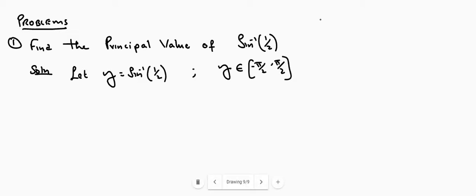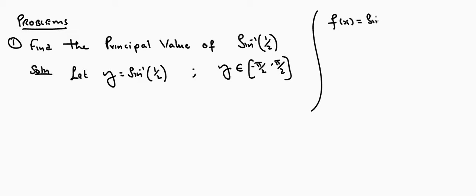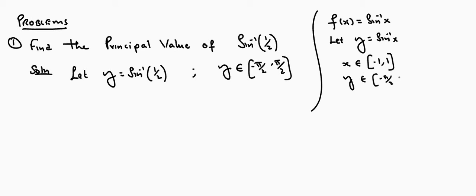If y is equal to sin inverse x, then x is an element of the domain, minus 1 to 1, and the range, that is y, is an element of minus pi by 2 to pi by 2. This is the principal value branch.